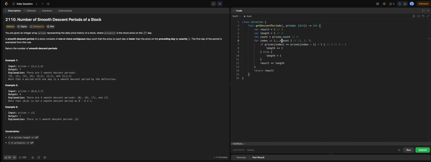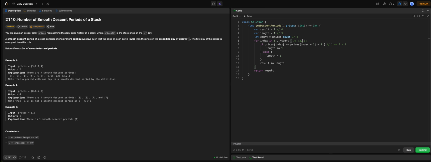And then next step, we don't count the 1 anymore since we used the 1 in here. So for the next step, the price at index 2 is 1, and the one at index 2 minus 1 is 2. 2 minus 1 is 1. And then we're going to increment the length by 1, becoming 3. So 3 plus 3 will make the result 6.